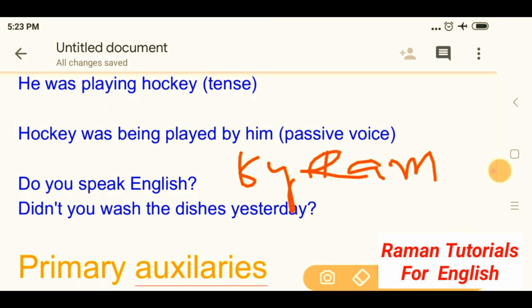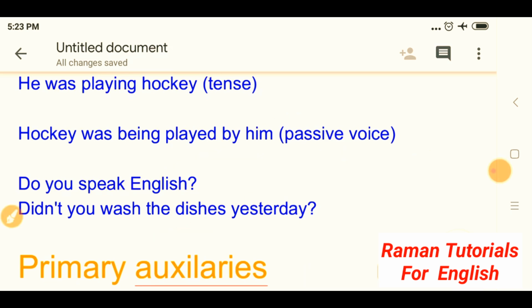Okay. Ram was playing hockey. He was playing hockey. Hockey was being played by him. And an auxiliary verb is also used to ask interrogative questions and also negative questions.